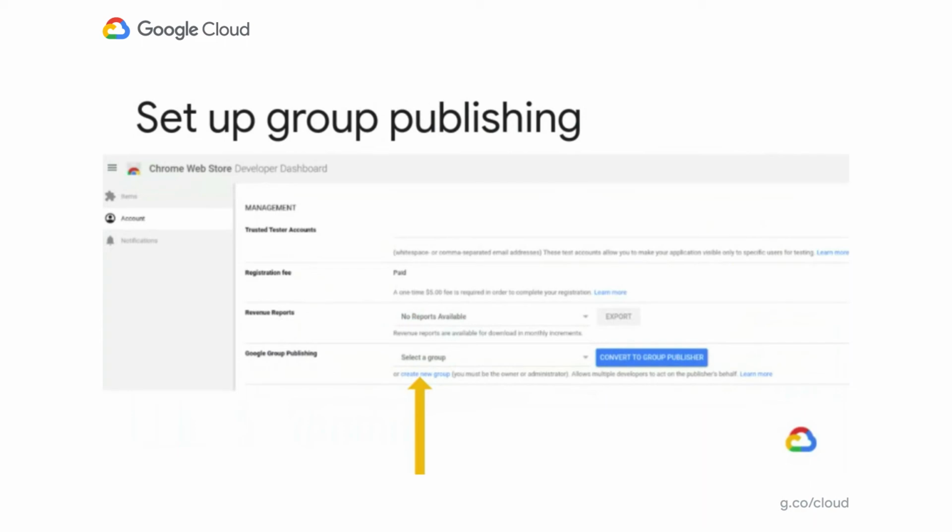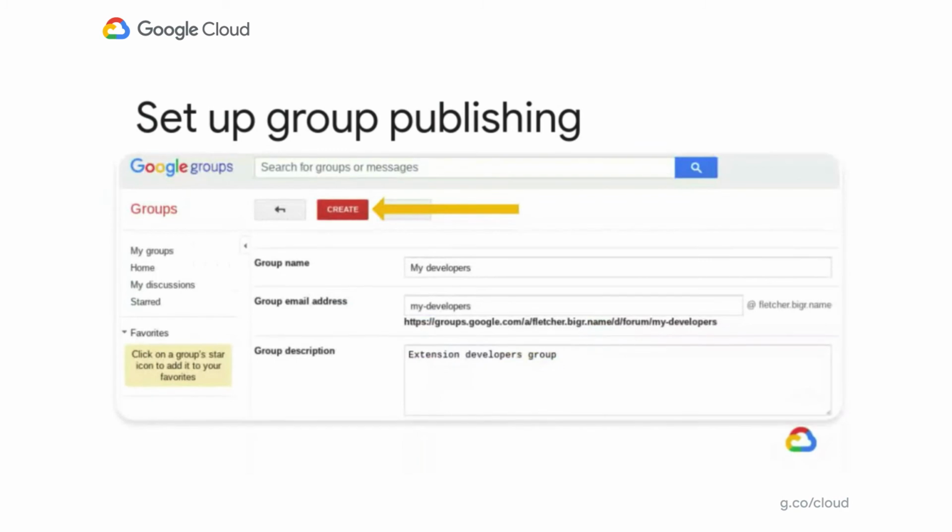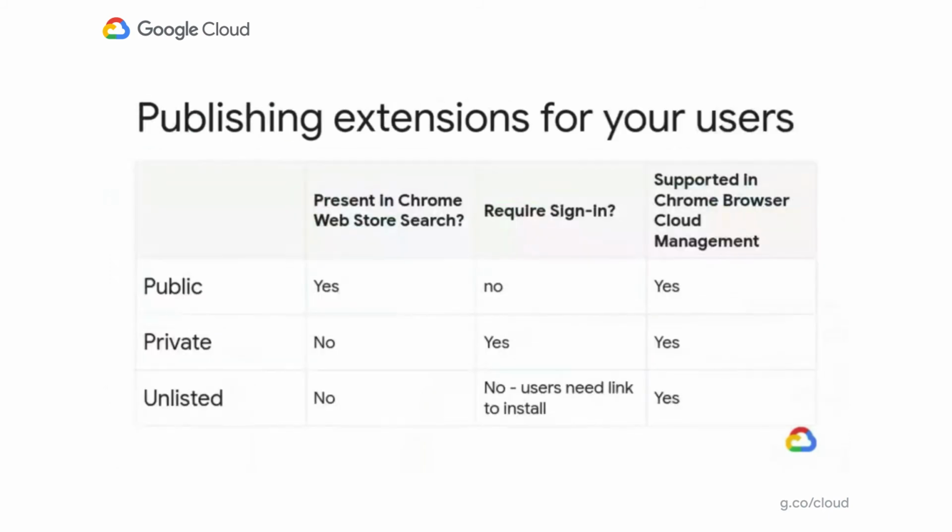If you have an existing Google group, you can convert that to a group publisher. Otherwise, you can click on the Create New Group hyperlink that the massive yellow arrow is pointing at, and then create the group name and the group email address, and send it out to your other extension developers, so you can get started and prevent any roadblocks.